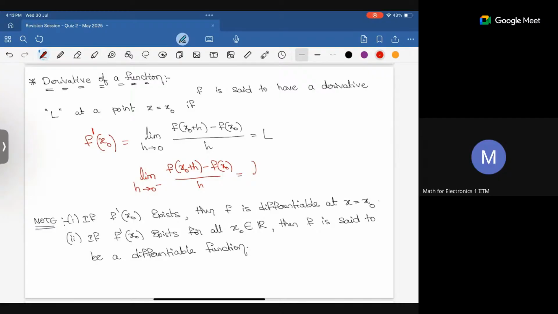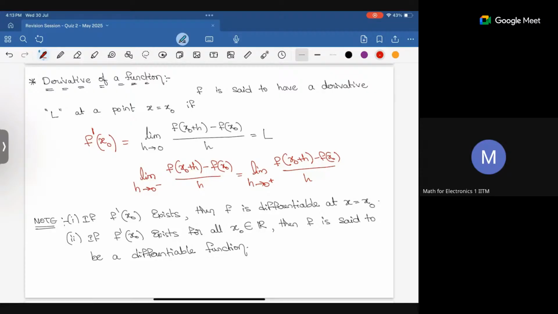Whether this slope equals the slope when I approach from the right. The right slope and the left slope, both of them should be equal. If both are equal, then they are equal to f prime of x naught. So if f prime of x naught exists, then f is differentiable at x equals x naught.